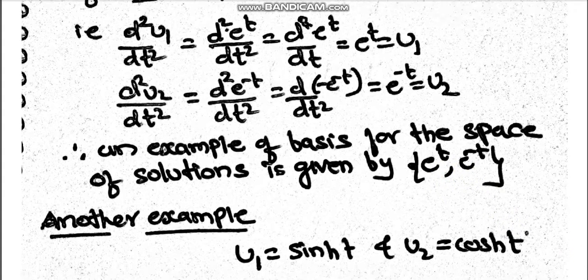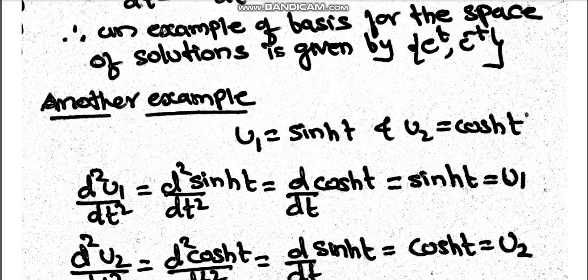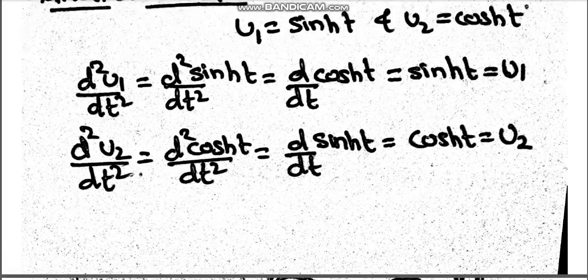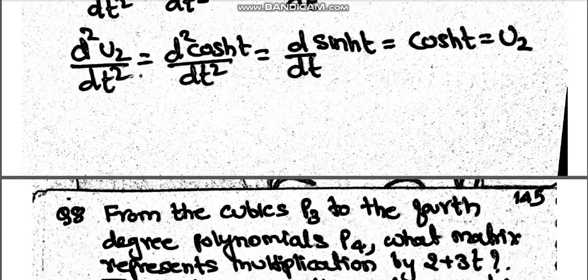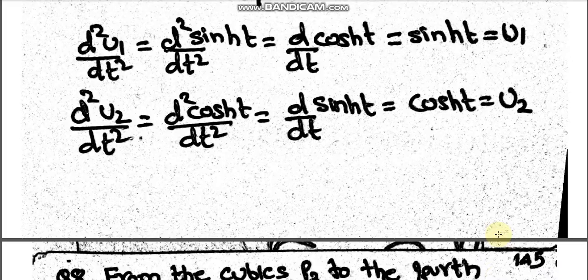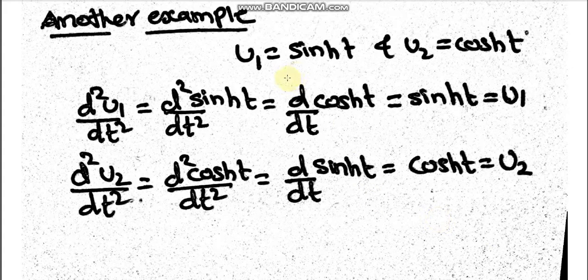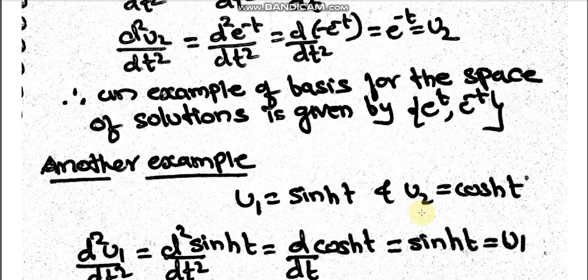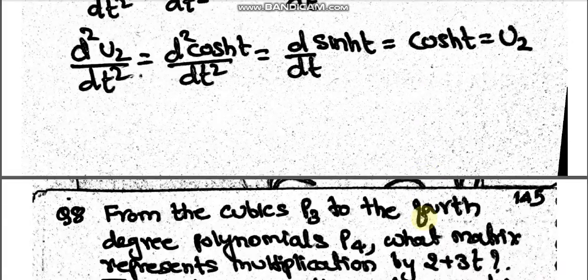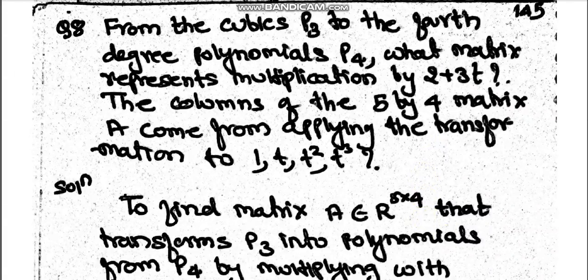One more example: you can have sinh t and cosh t. Differentiating sinh t twice leads to sinh t itself, and cosh t also leads to cosh t itself. So you can have two vectors, u1 as sinh t and u2 as cosh t. So we have a basis with dimension 2.